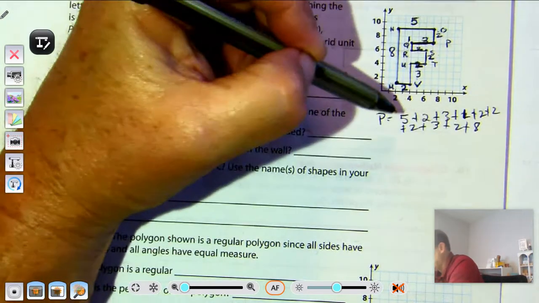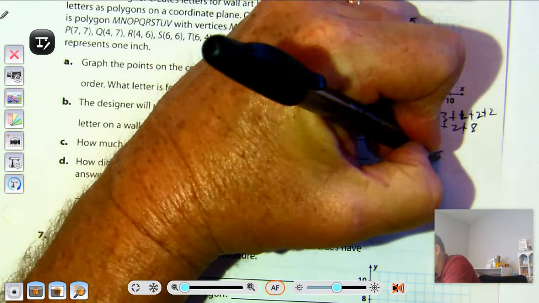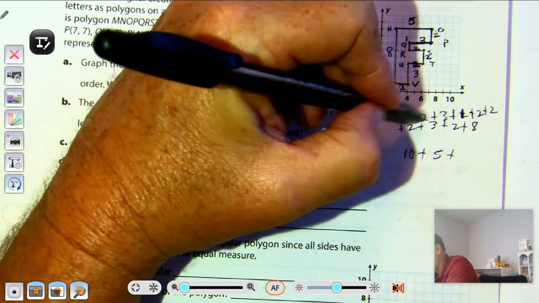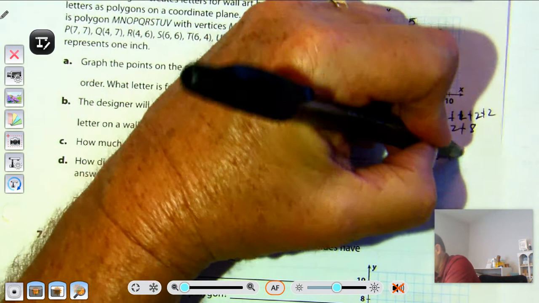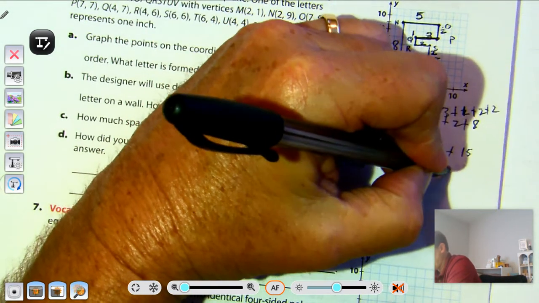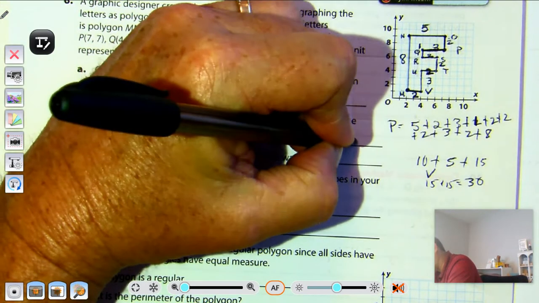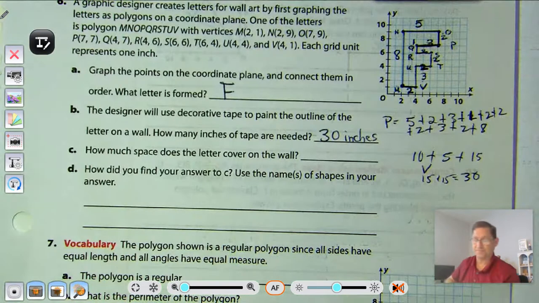Okay. So we get 5, 7, 10 plus 5 plus 15. So 15 plus 15, 30. So we get a distance of 30 inches.